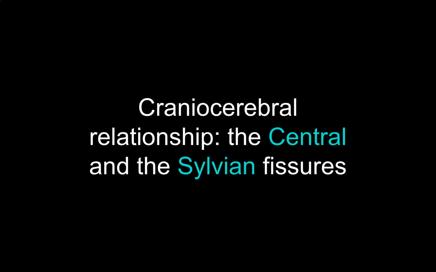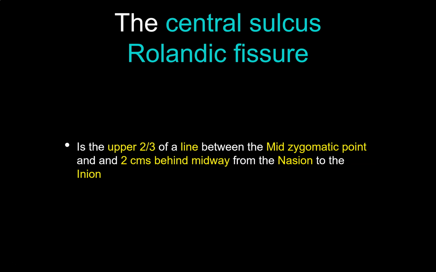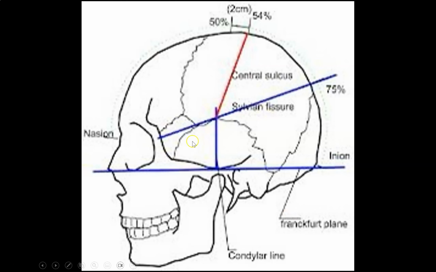Craniocerebral relationship is another topic we are talking about. As we said, it's very important to know the surface anatomy of the central and sylvian fissures. So the central sulcus, also called the Rolandic fissure, is the upper 2/3 of a line between the mid-zygomatic point and a point 2 centimeters behind midway from the nasion to the inion. Where the mid-zygomatic point is here, and the nasion is here, the inion is here.